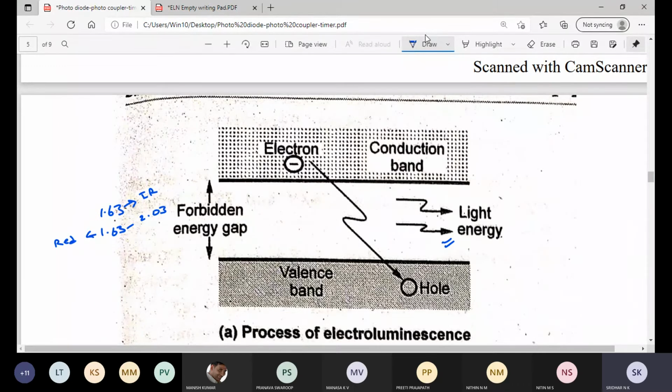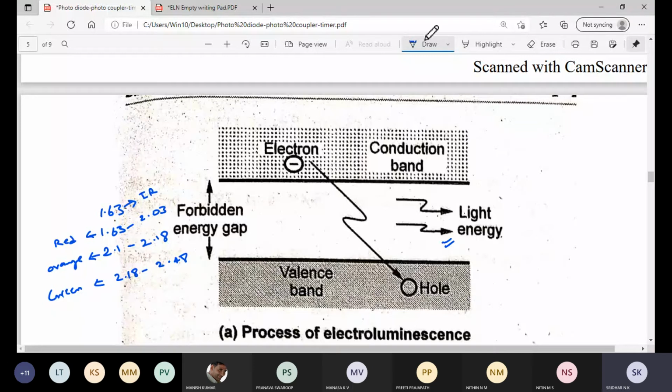Next, if the energy is 2.1 electron volt to 2.18 electron volt, then the light will be orange. Next, 2.18 to 2.48, it will be green.